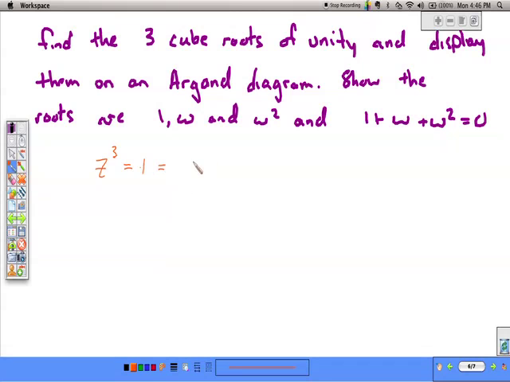And in polar form, we have this, where k is an integer.